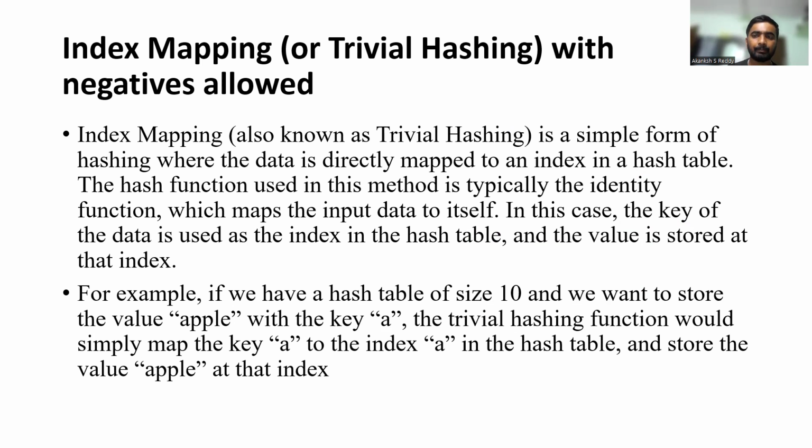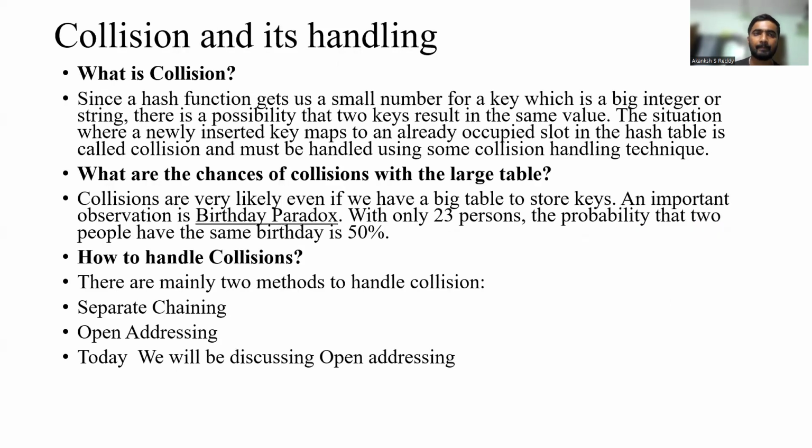In this case, the key data is used as an index in the hash table, and the value is stored at that index. For example, if you have a hash table of size 10, and we want to store the value apple with the key A, then the trivial hashing function simply maps the key A to the index of A in the hash table and stores the value apple at that index.